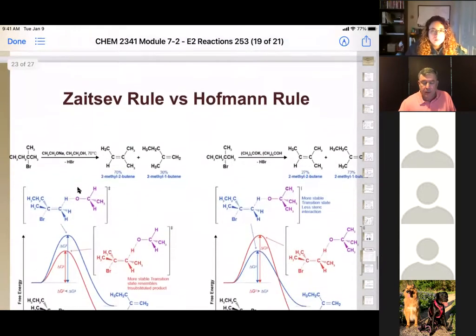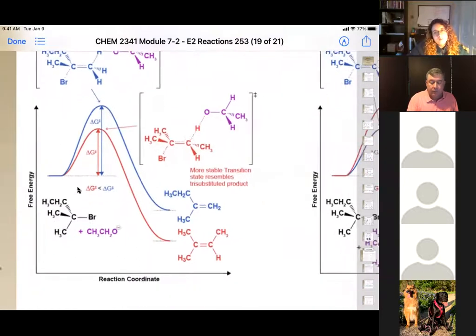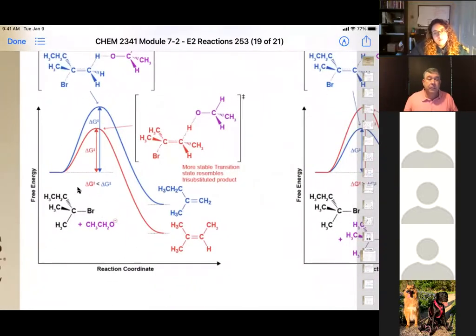Okay, so let's compare and contrast Zaitsev's rule with the Hofmann rule. In Zaitsev's rule, we're trying to form the more thermodynamically stable product, right? And it just so happens that because it's easier to remove a hydrogen from a secondary carbon than a primary carbon in this case, we end up having a lower activation energy for removing the secondary hydrogen. And when we do that, it gives us our more substituted alkene, which gives us our thermodynamic product.